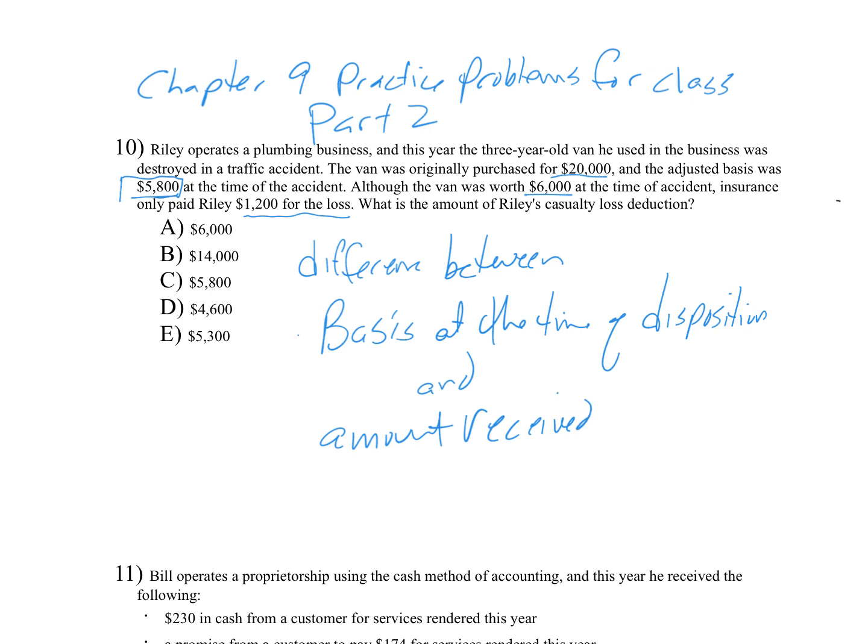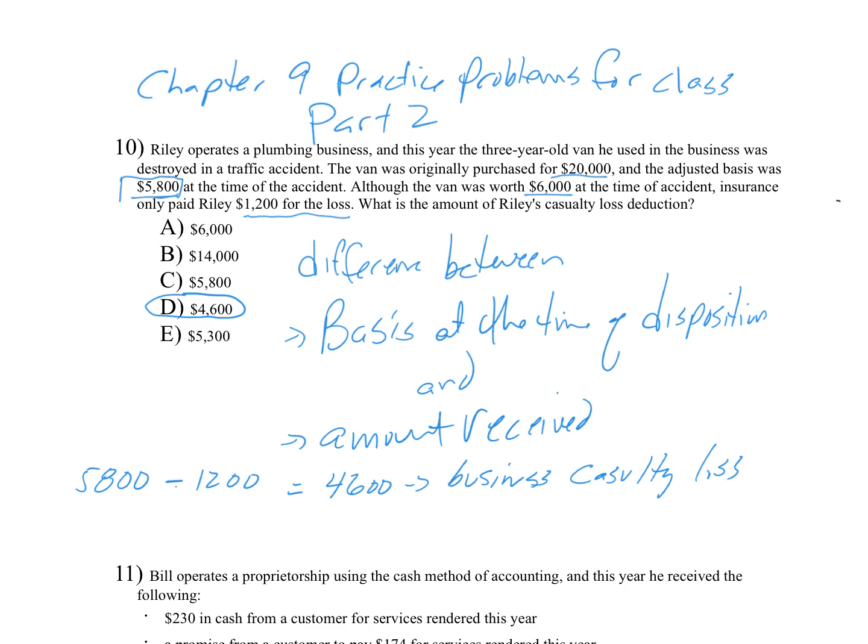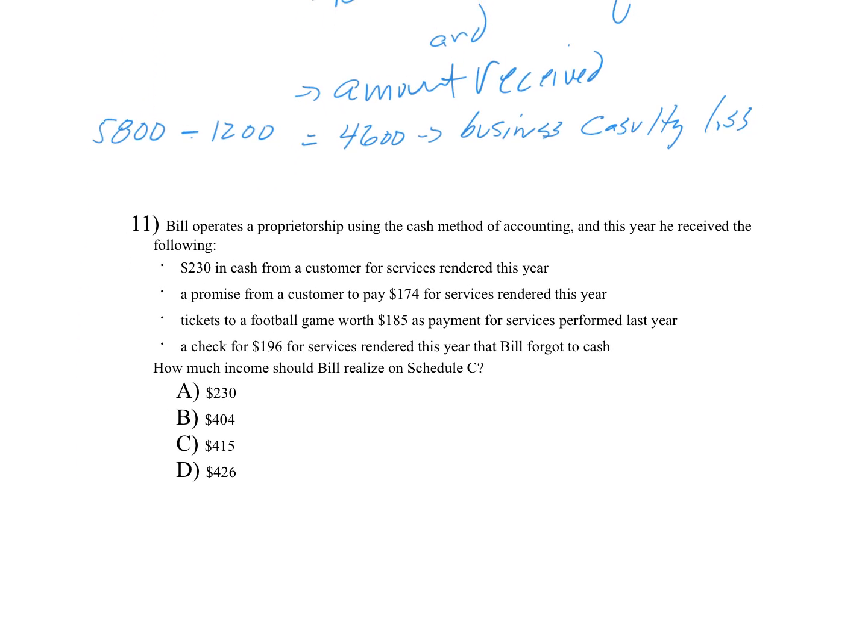Okay, so his basis at the time of disposition, $5,800. His amount received is $1,200. So the amount of his loss is $4,600. So this is a business casualty loss.